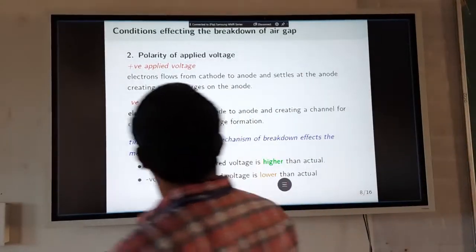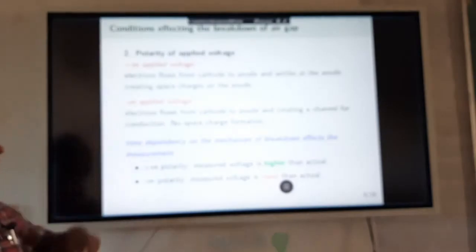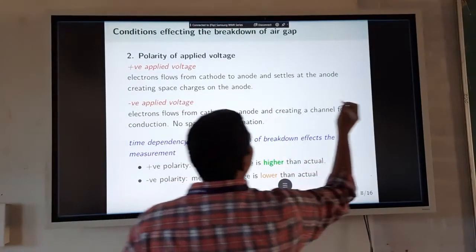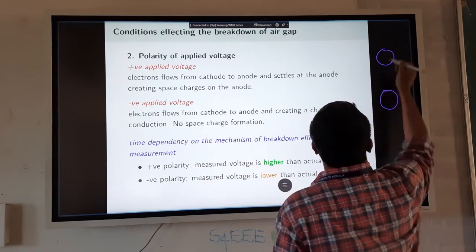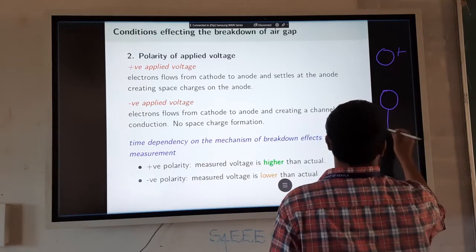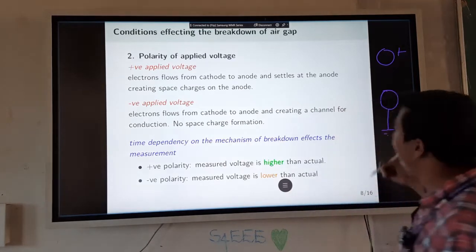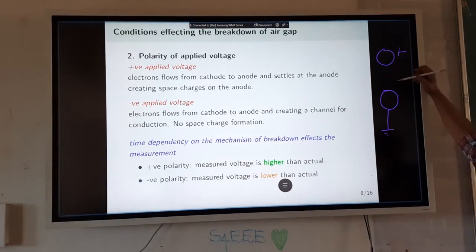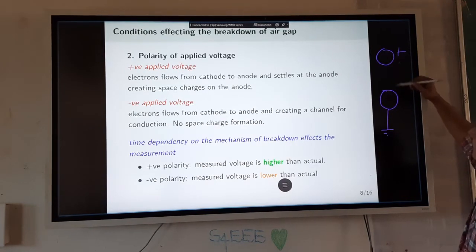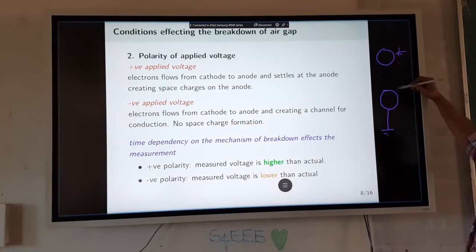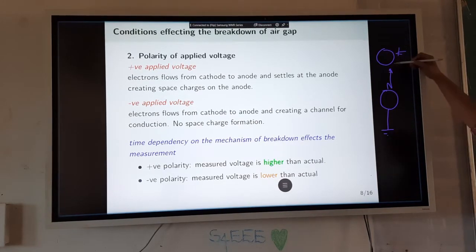Now let us see the effect of the polarity of the applied voltage. Let us say first we are applying a positive polarity, or measuring a positive voltage. These are my two spheres, with positive polarity here and the other one grounded. With a high electric field around this, this is the anode and this is the cathode, so electrons can flow only from ground to the anode.